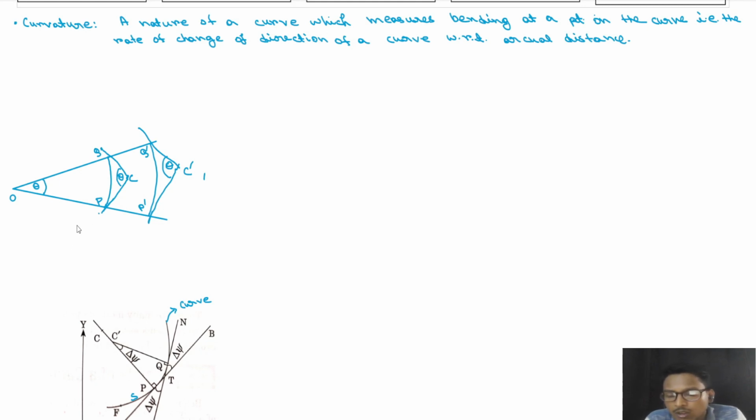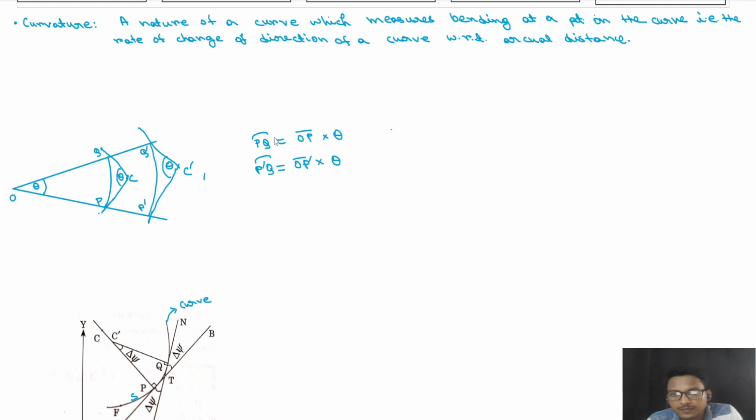While we observe that in this case the arc length distance PQ will be OP times theta, if theta is measured in radians, and similarly the arc length distance P dash Q dash will be OP dash times theta.